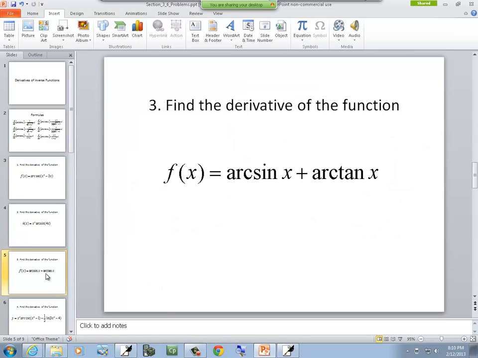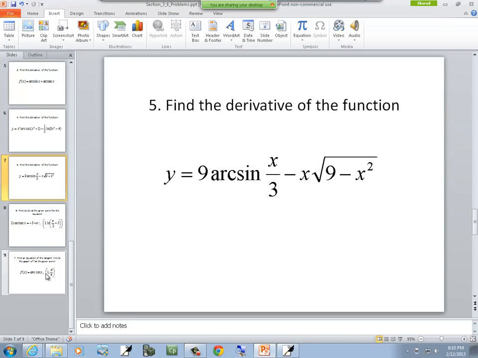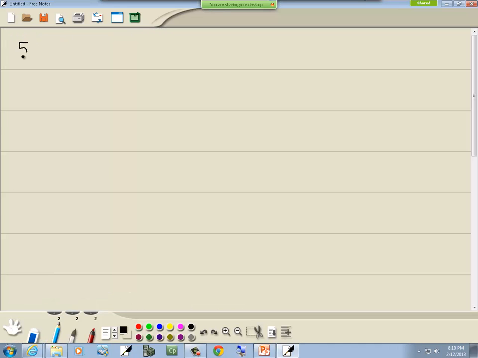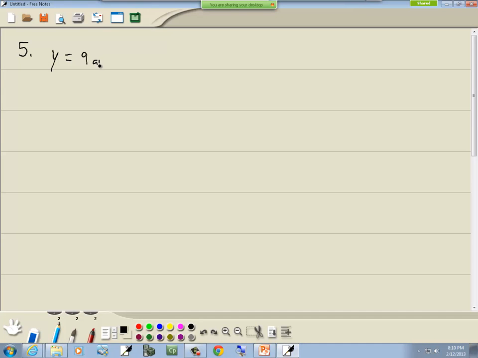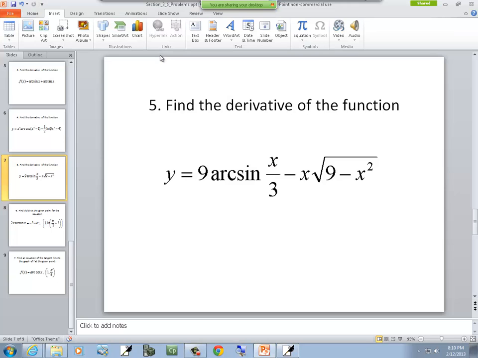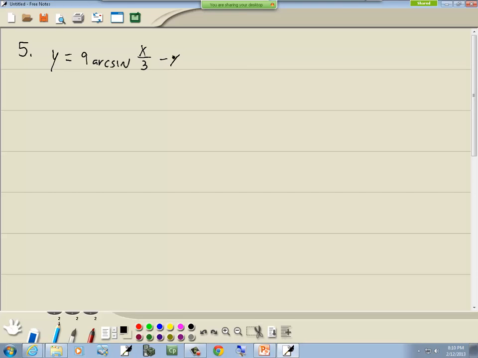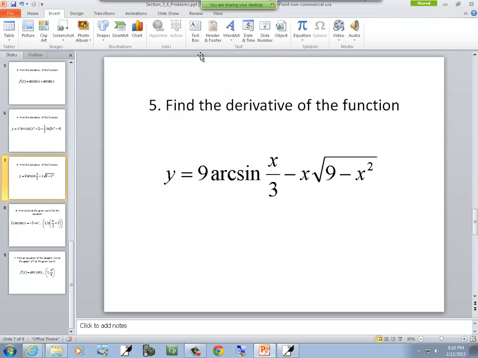And let's look at our next problem. This one here. Again, we want to find the derivative. So we've got y is equal to 9 arc sine of x over 3 minus x times the square root of 9 minus x squared.